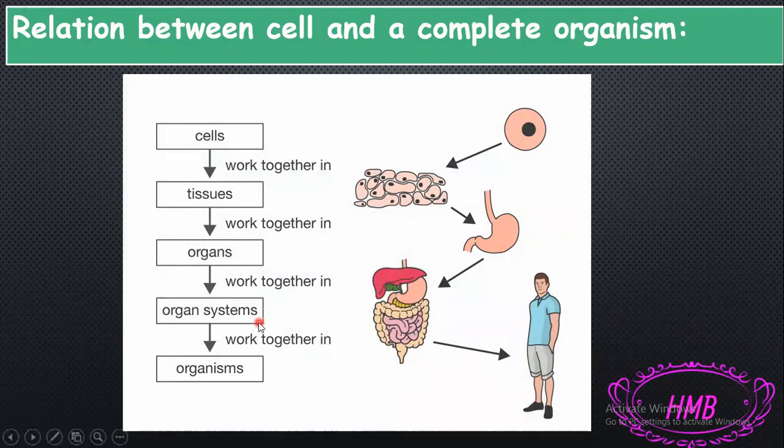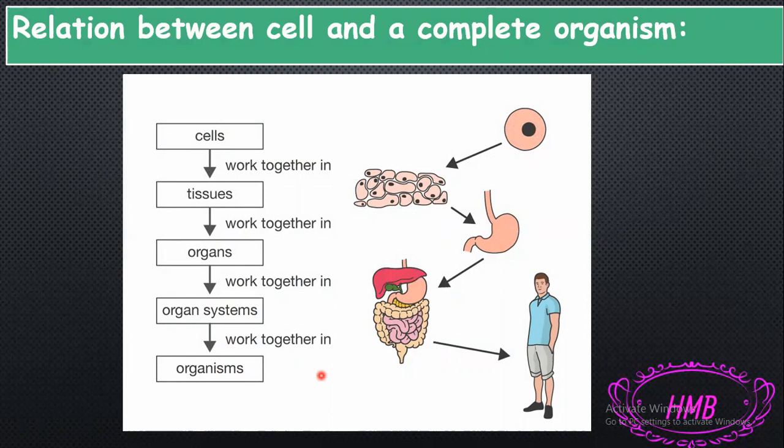It's the same meaning. When different systems work together to make an organized human body, they form a complete organism or a complete living thing. So again, the 5 levels of organization show the relation between cell and a complete organism.